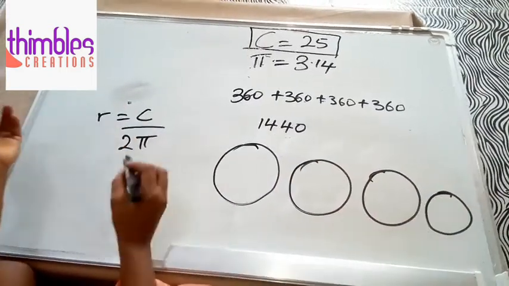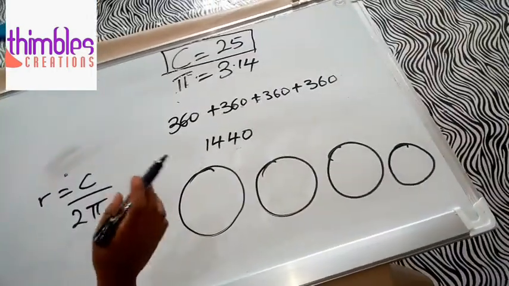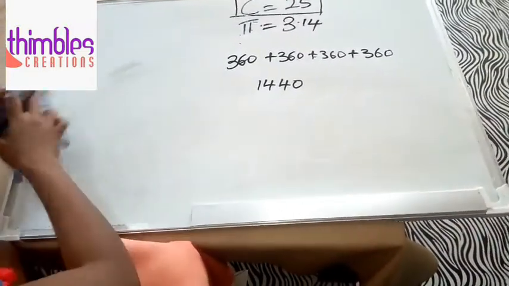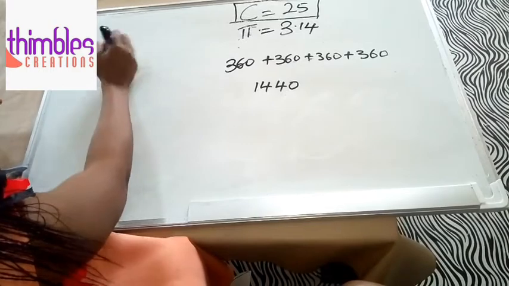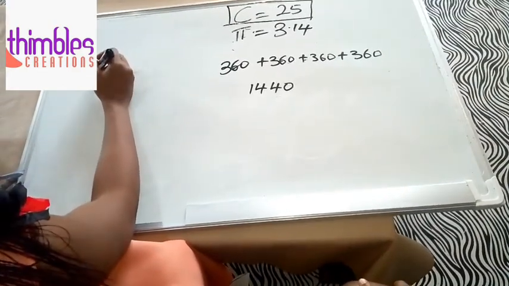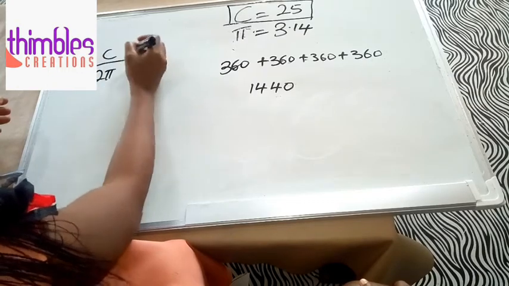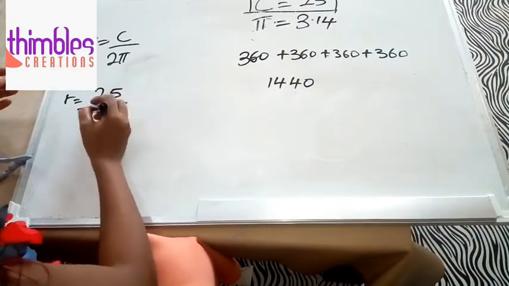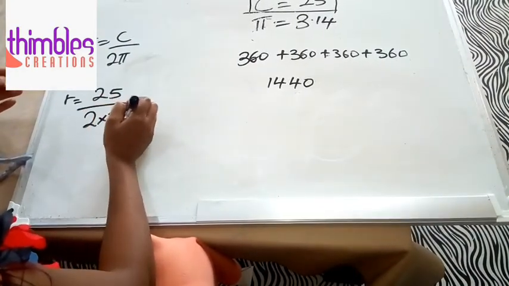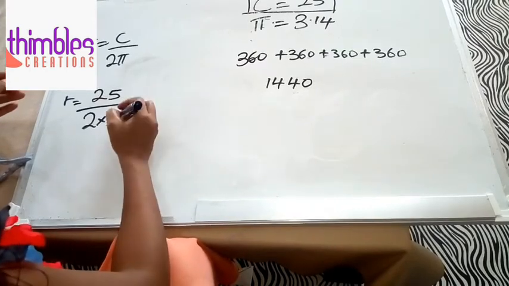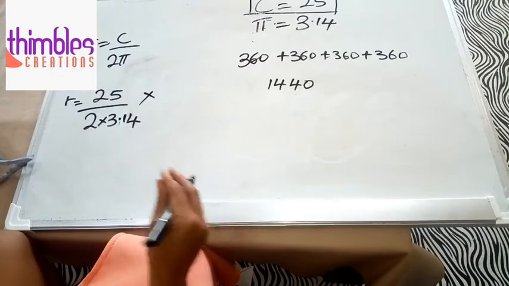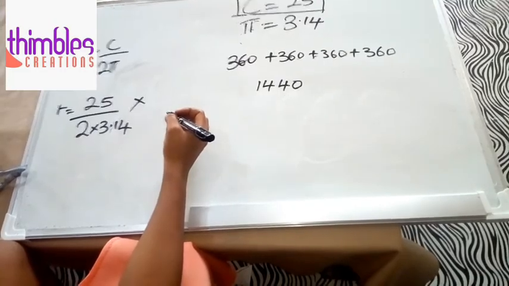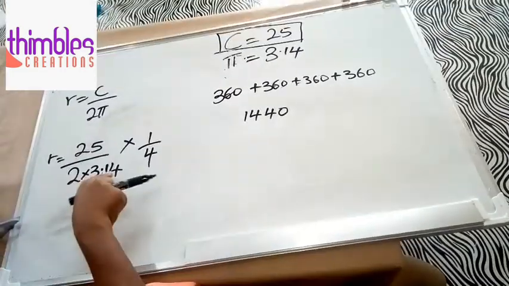So to get our radius for our 1440 degrees flare, remember our formula, r equal to c over 2 pi, where c is 25. r is equal to 25 over 2 times 3.14 times 1 over 4.